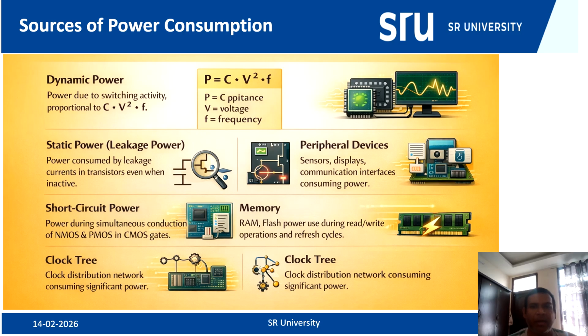For example, in a CMOS inverter, when the input voltage is 0, the output voltage becomes high, and at the output terminal there is a load capacitor, and that particular capacitor is used for the charging and discharging operation.